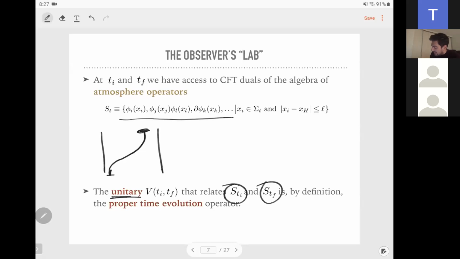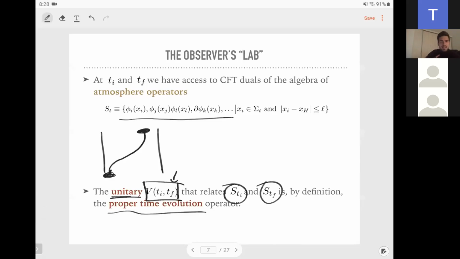So I have this algebra of operators in the atmosphere here, and this algebra of operators in the original atmosphere. There's a unitary V that relates these algebras, and this is precisely the proper time evolution that I'm interested in. So, of course, the point of the talk is to describe how to construct this unitary from first principles. This is the goal.